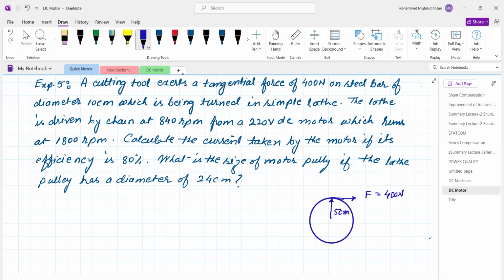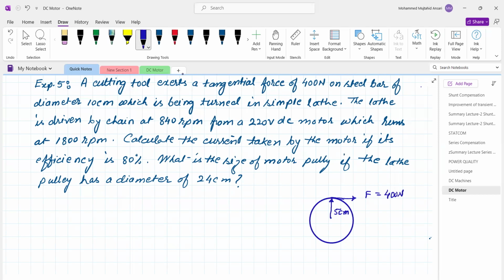The lathe is driven by a chain at 840 rpm. Now it is driven by, means there is a shaft and there is some driving mechanism, wheel gears are there, and it is running at 840 rpm from a 220-volt DC motor which runs at 1800 rpm.